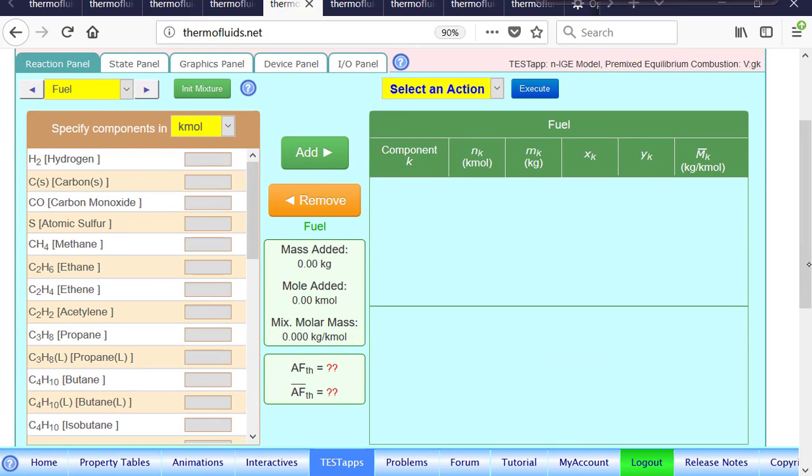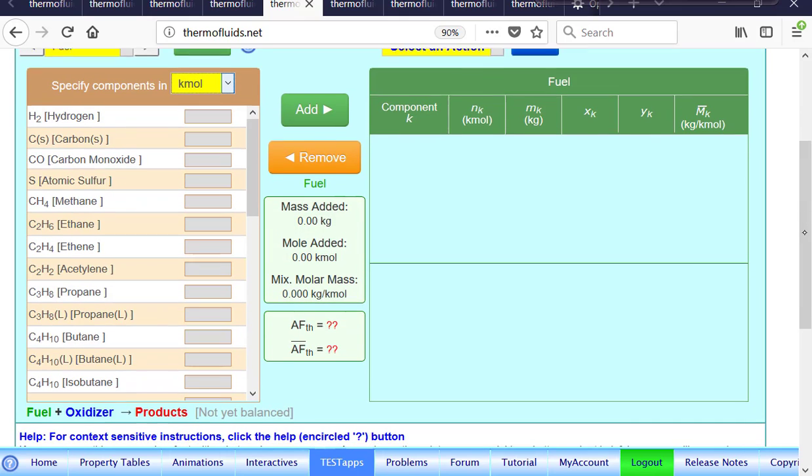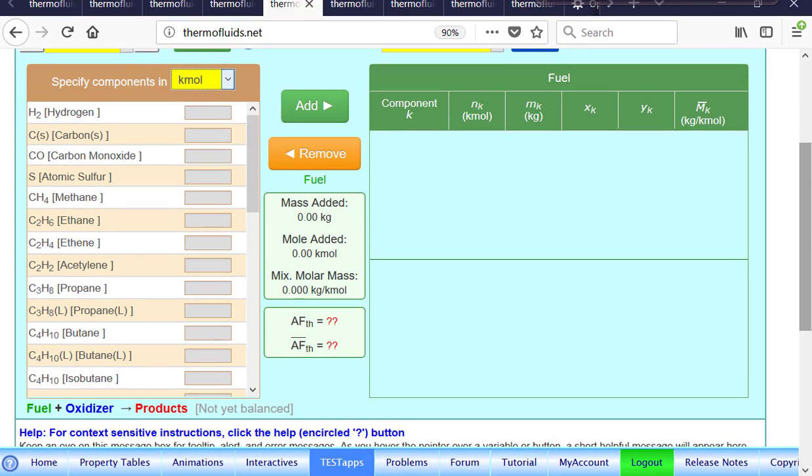Notice that for combustion, by default, it is kilomole. You can of course choose kilograms, suppose we have 1 kg of methane and 1 kg of oxygen coming. Anyway, let's say we are burning gasoline, and we'd like to know, if you know the inlet and exit state, how much is the heat transfer.